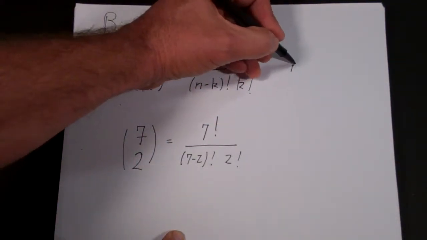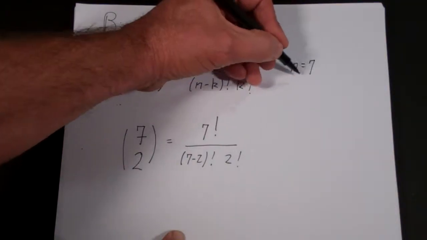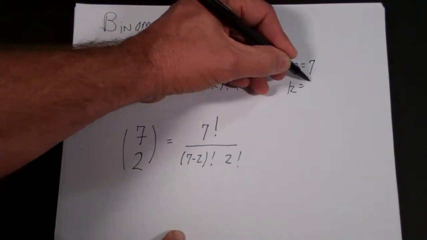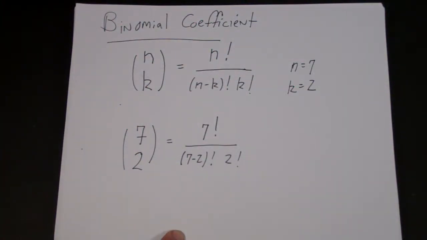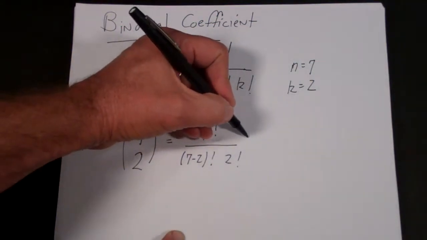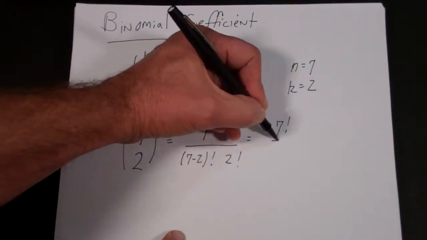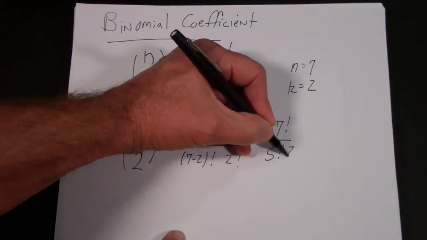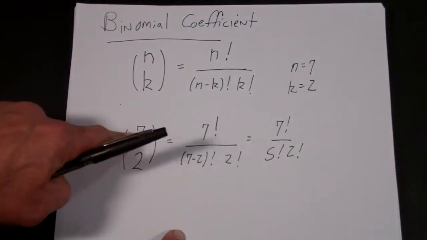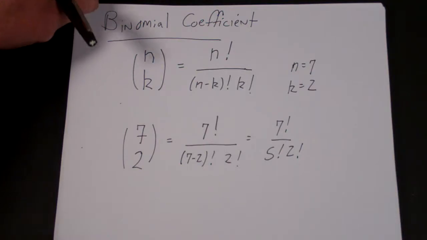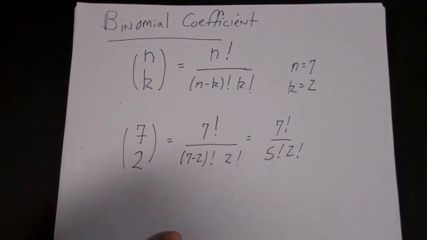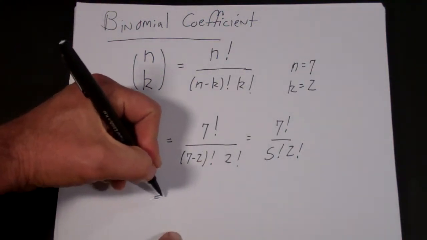So if you notice here, n is 7 and k is 2. Well, this is just 7 factorial over 5 factorial, 2 factorial. And most calculators can do this, and I'll show you in a second the notation that your calculator probably uses. But we can do this fairly easily by hand.